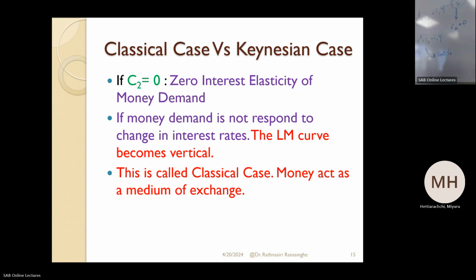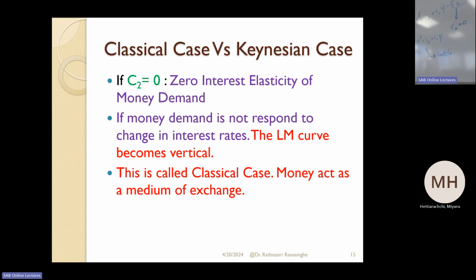If there were an effect coming from the interest rate, it would change the money demand and there would be an impact on income, but here there is no impact from the interest rate on money demand. So if the C2 is 0, the LM curve becomes vertical.